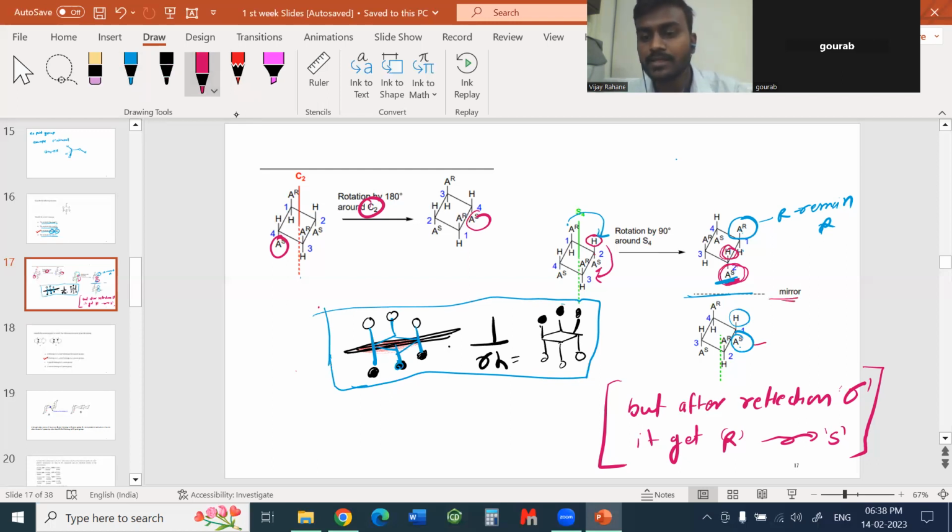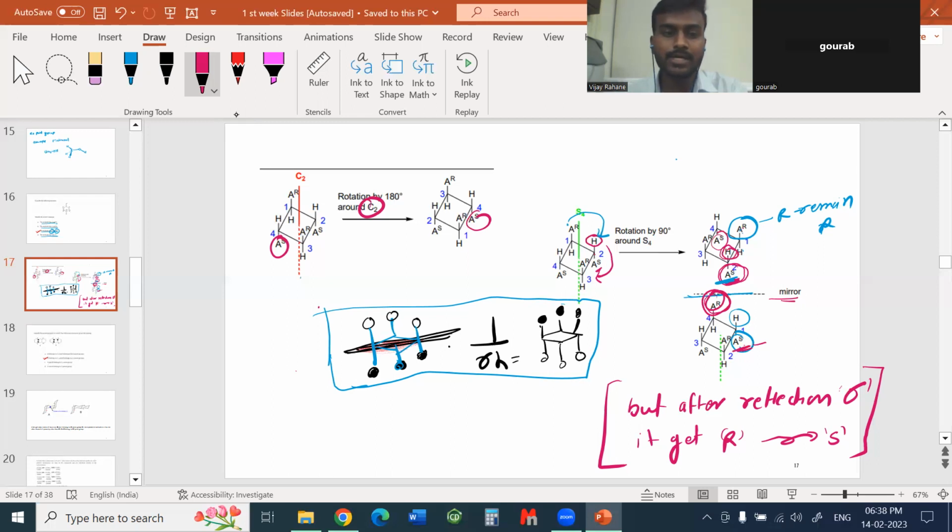Since we have passed a mirror plane, the configuration gets opposite, right? Initially it is R configuration, now it is the S configuration. So all groups are getting changed. Here initially it is R, now it's S. Similarly, here it's S configuration, so it will go to the upper side, but it now has the R configuration.